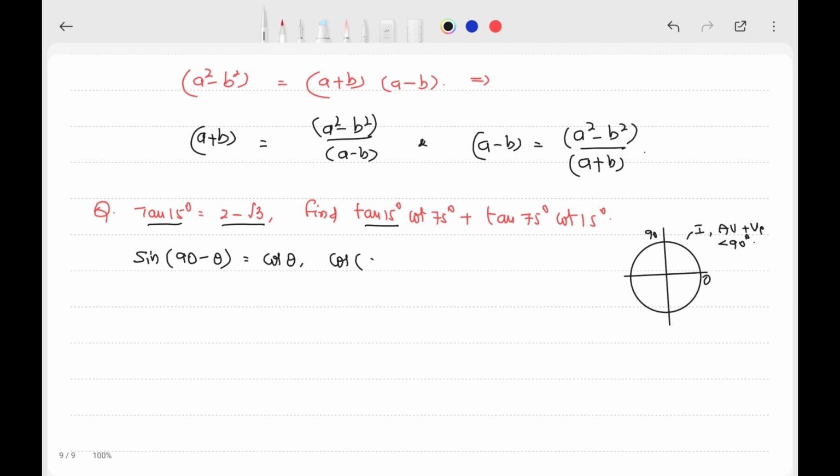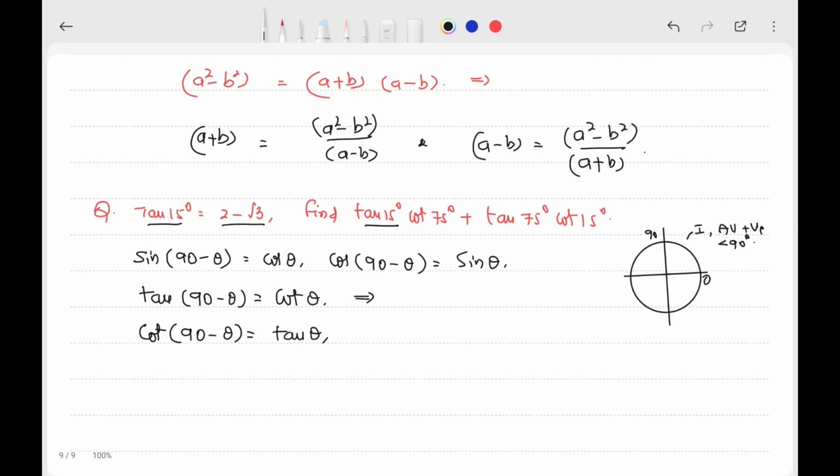Cos 90 minus theta is equal to sin theta. Tan 90 minus theta is equal to cot theta. Similarly, cot 90 minus theta is equal to tan theta. Please remember.